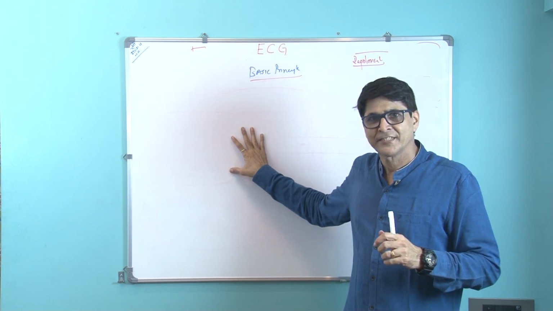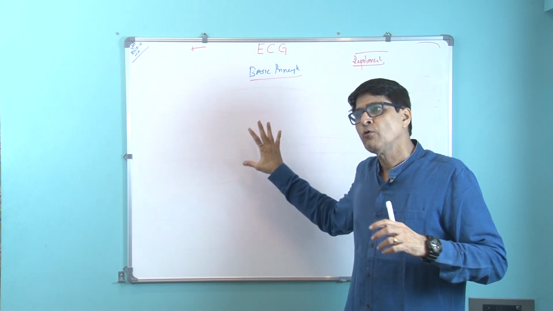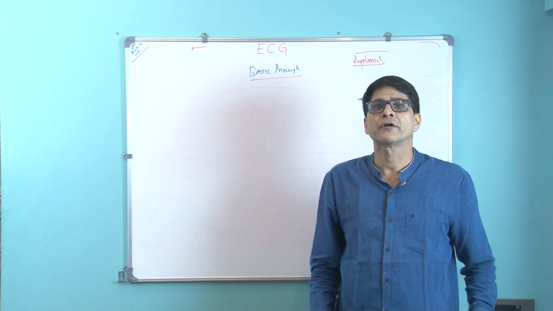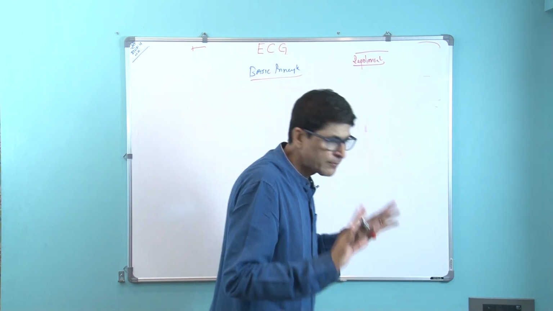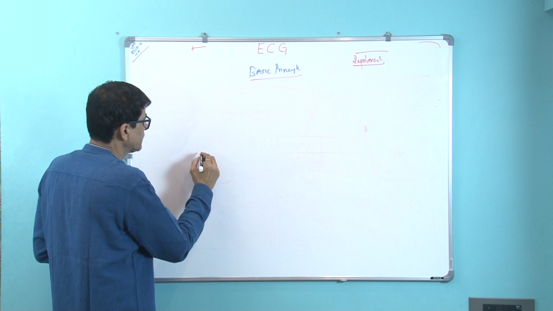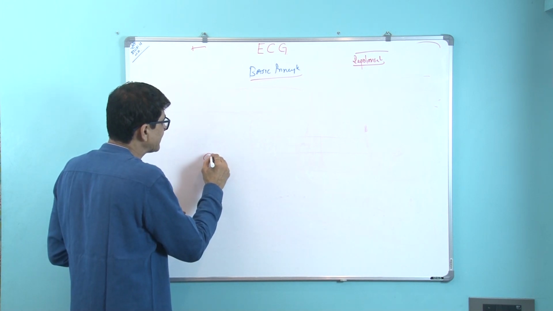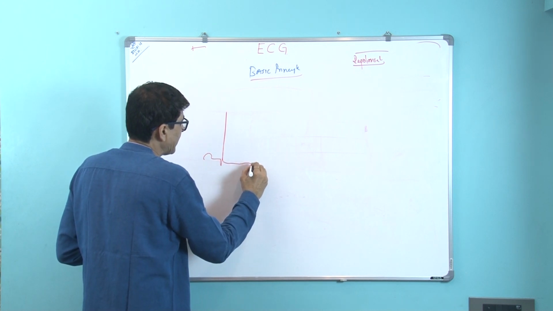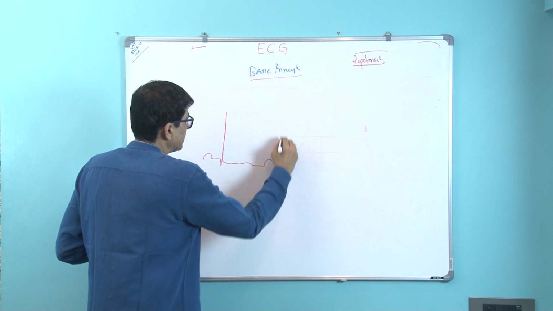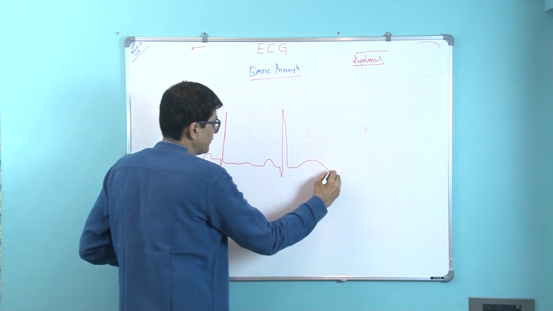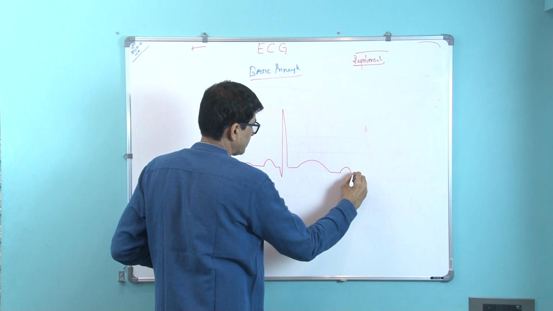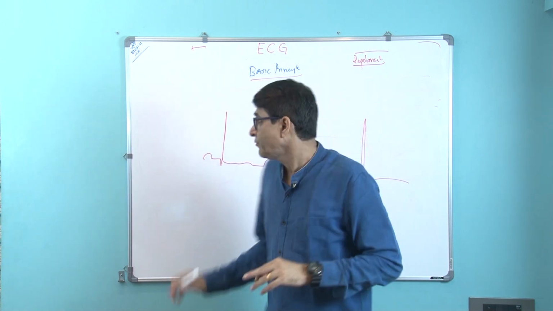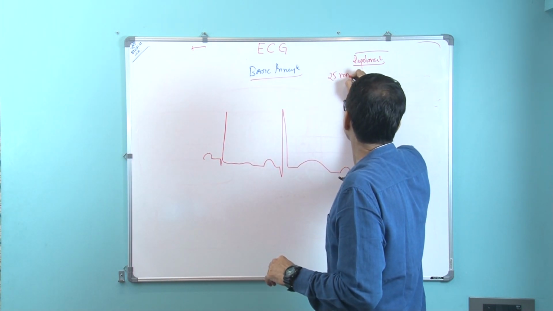That's all. Now we saw standardization, we saw time. Now from time we will derive how to calculate the heart rate. How these waves are generated, I will take as a separate topic, but with this I will tell you how to calculate heart rate from the ECG machine. Our time is 25 millimeter per second.